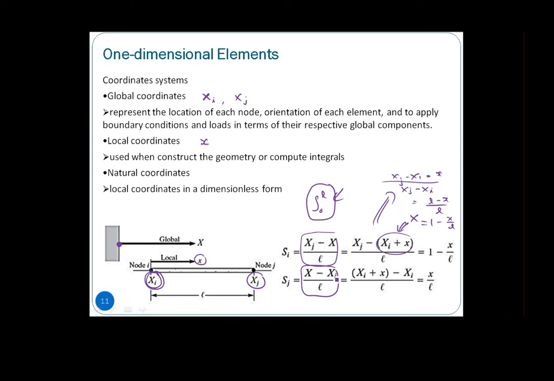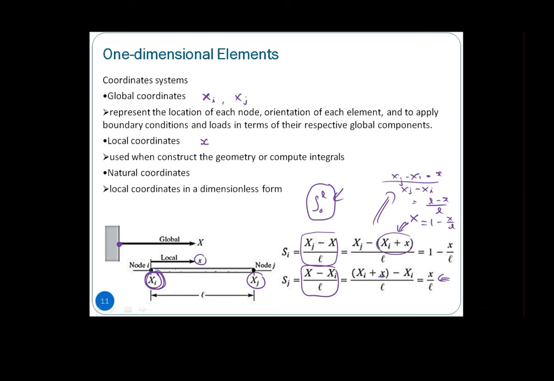Similarly, if you substitute x equals xi, this particular node, plus another x, which is our local coordinate x, then you will have x over L, which is your shape function for node J. Later on you will see that when we are dealing with the position of the node, we use global coordinates, but for internal force, internal displacement or deformation within that element, we want to use local coordinates.